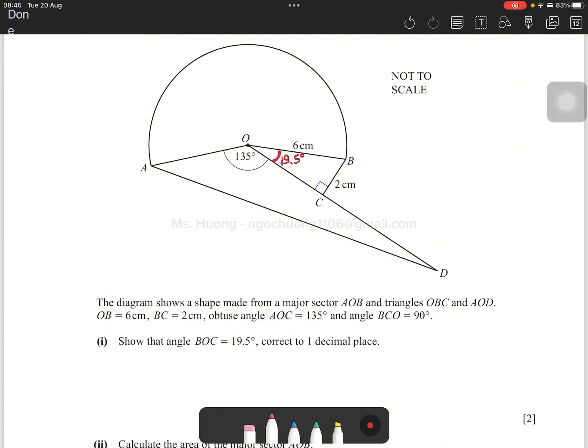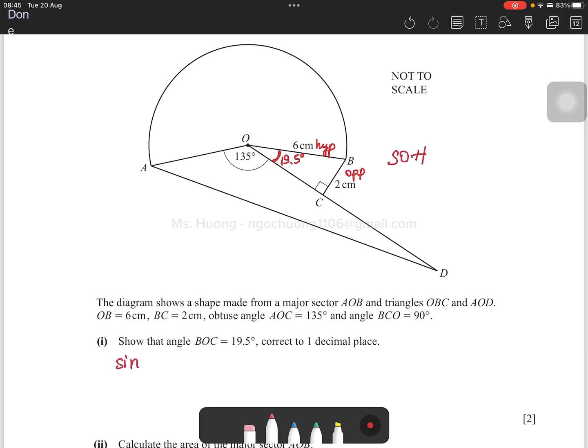So we see that the triangle OBC is a right angle triangle. And in this triangle, 2 is the opposite side, and 6 centimeters is the hypotenuse. So we know that we should use SOHCAHTOA.